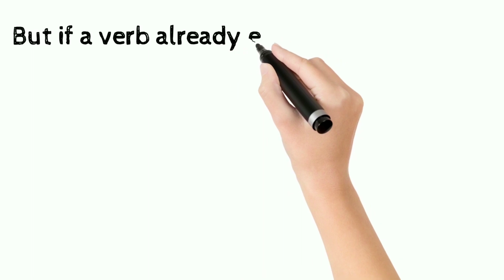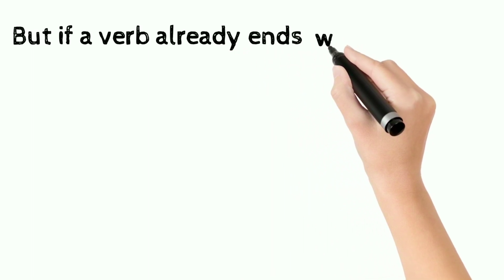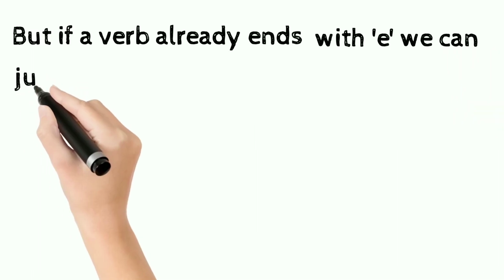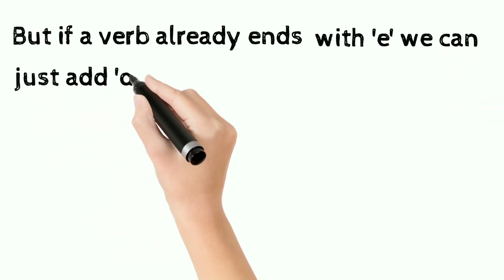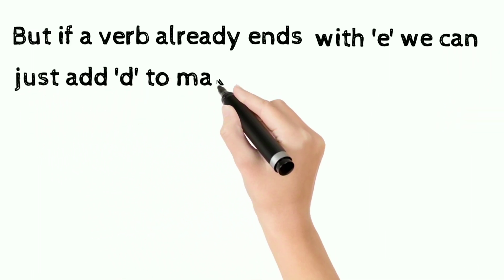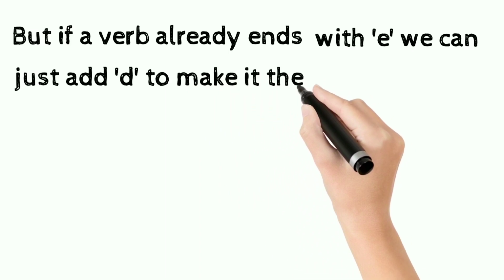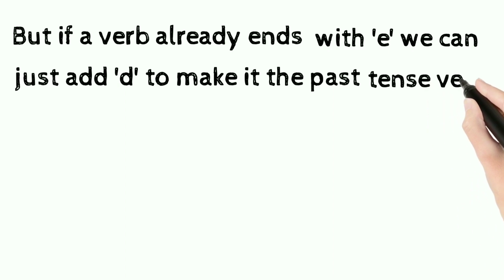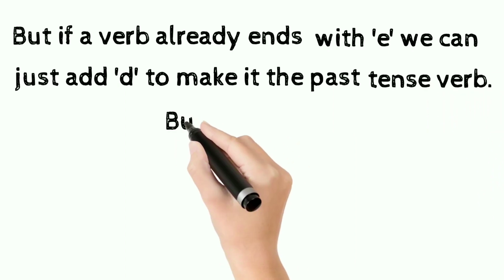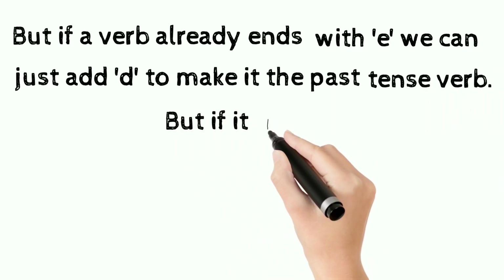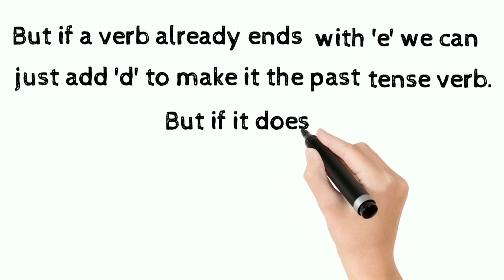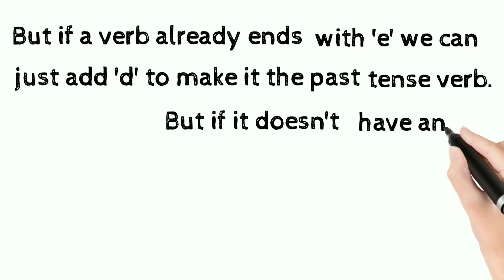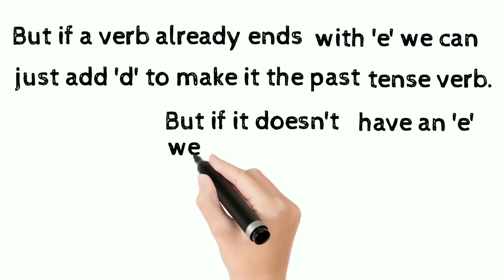a verb already ends with E, we can just add D to make it the past tense verb. But if it does not have E, we have to add ed.